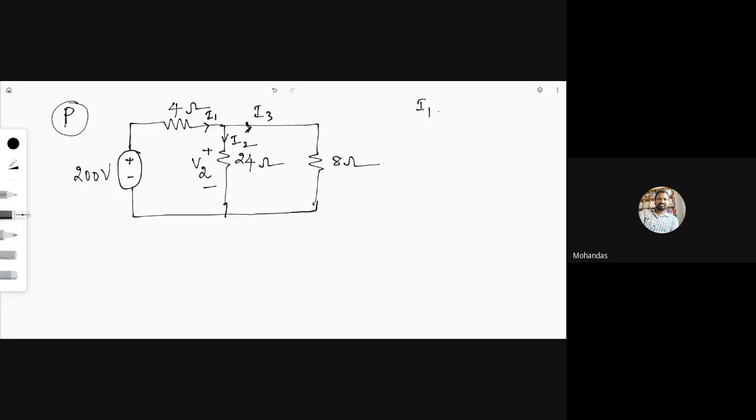Calculate I1, I2, I3 and V2. Try to solve this problem.